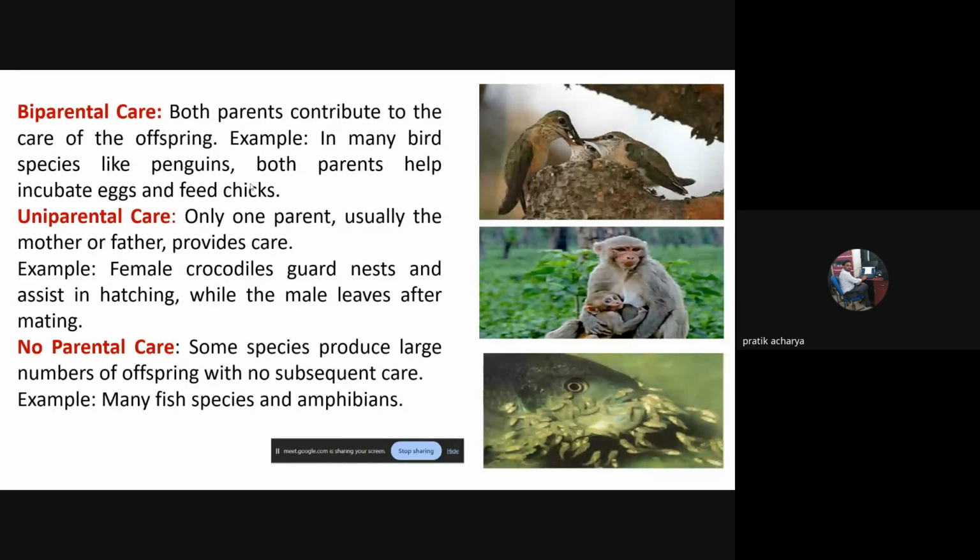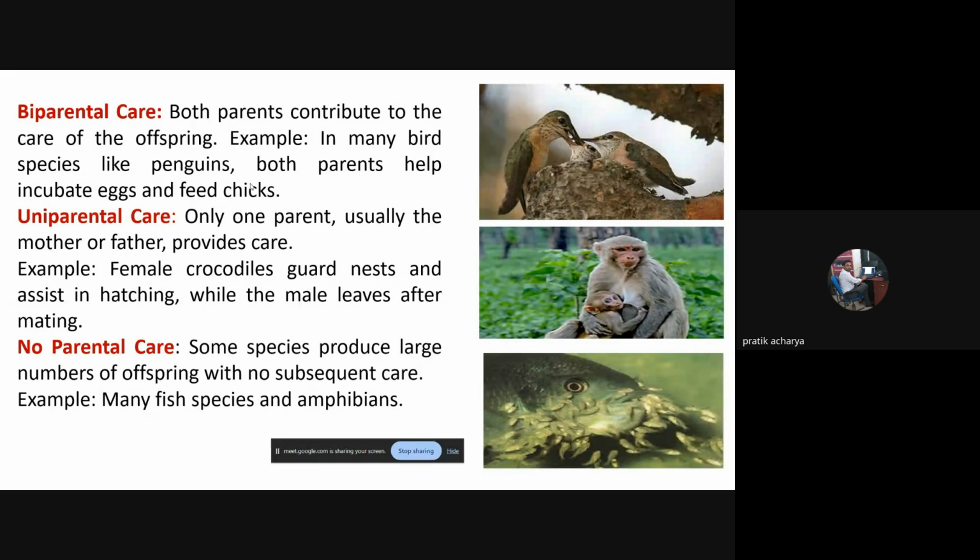And no parental care, that means there is no parental care for the offspring. When we are talking about fishes and amphibians, after spawning, the mother or father or any of the parents swim to some other place. That means after egg laying, they leave the place.